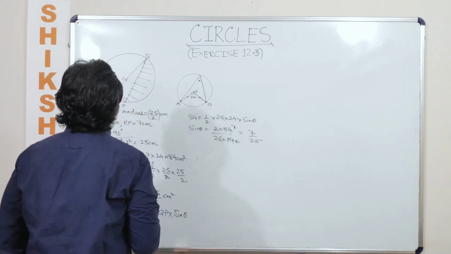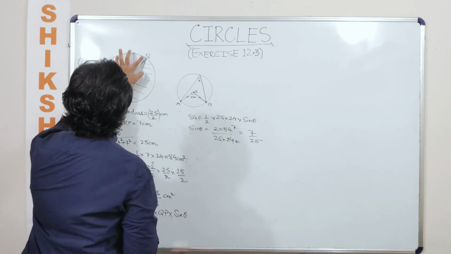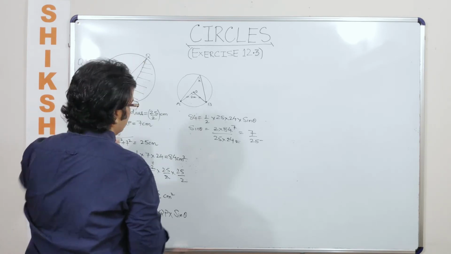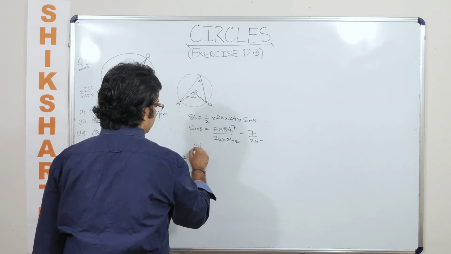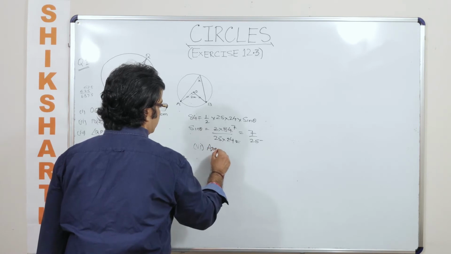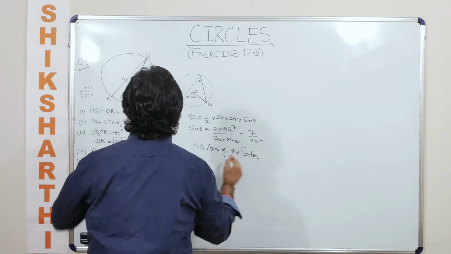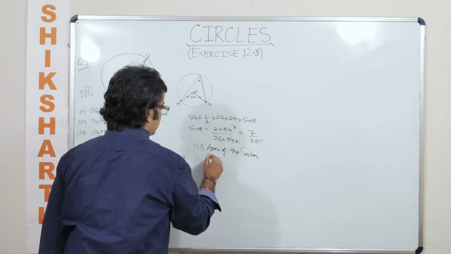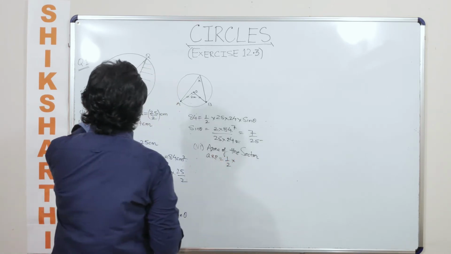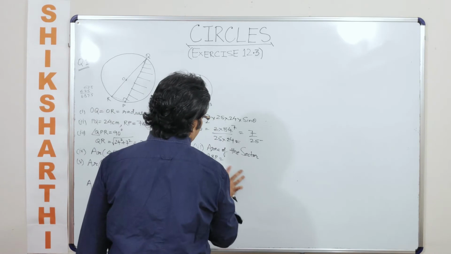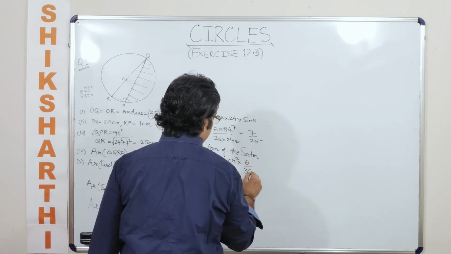Now the next thing that we are expected to do here is, we know the area of the triangle, and can we calculate the sector area? So the area of the sector, which is point number 6, area of the sector QRP will be nothing but pi r square into theta upon 360 degrees.